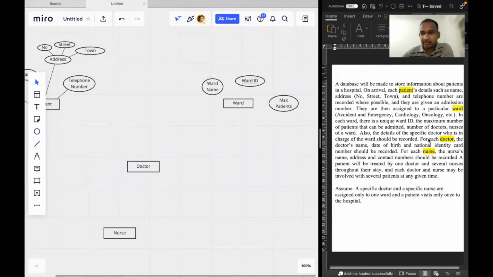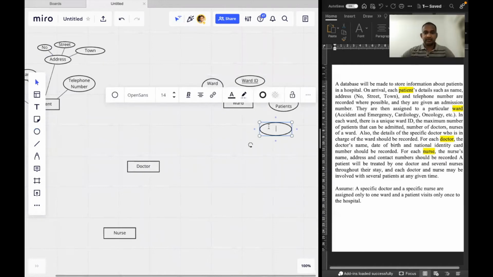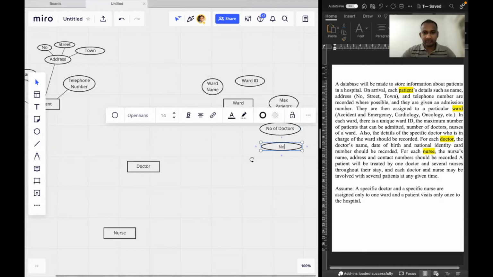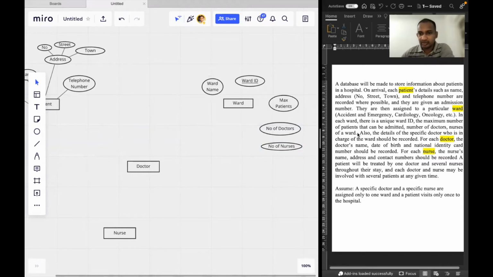Then number of doctors, and number of nurses.